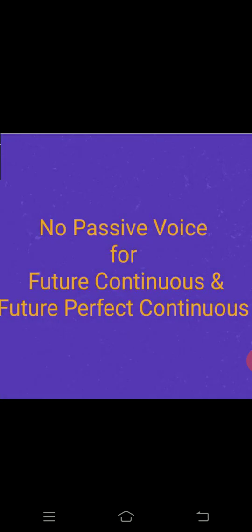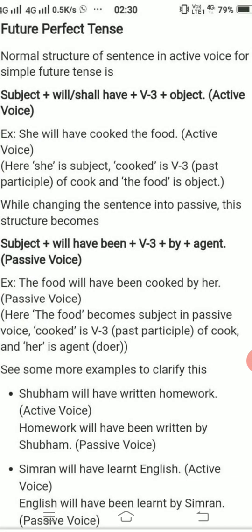Next is a student. There is no passive voice. I have already told you of future continuous tense and future perfect continuous tense. So the next is future perfect tense only. What is the normal structure of a sentence in active voice in the future perfect tense, student?